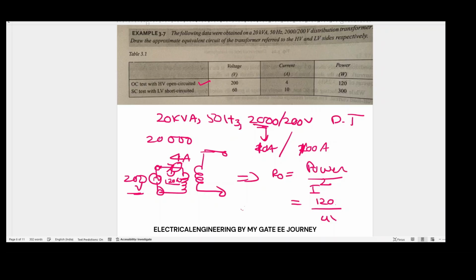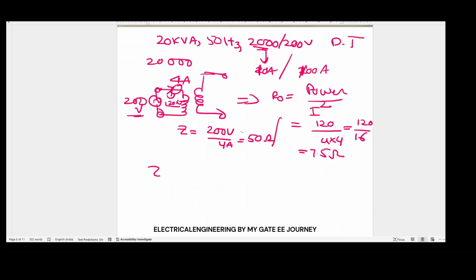It is nothing but 7.5 ohms. And you know what Z is? Z is 200 volts by 4 amps, which is 50 ohms. Z is 50, R is 7.5.